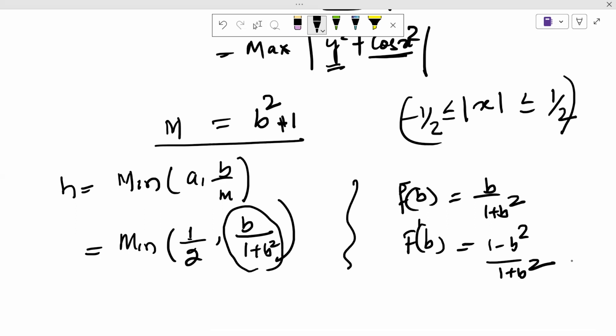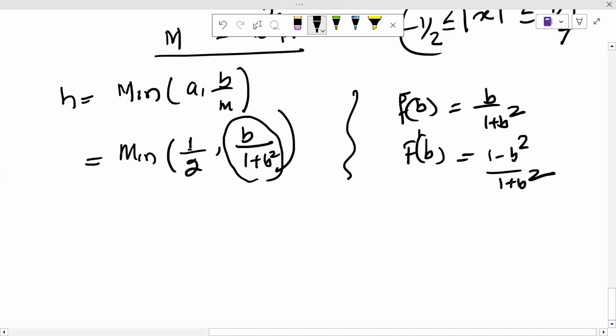For evaluating the value of b, let f dash b equal to 0, then b is equal to plus minus 1.